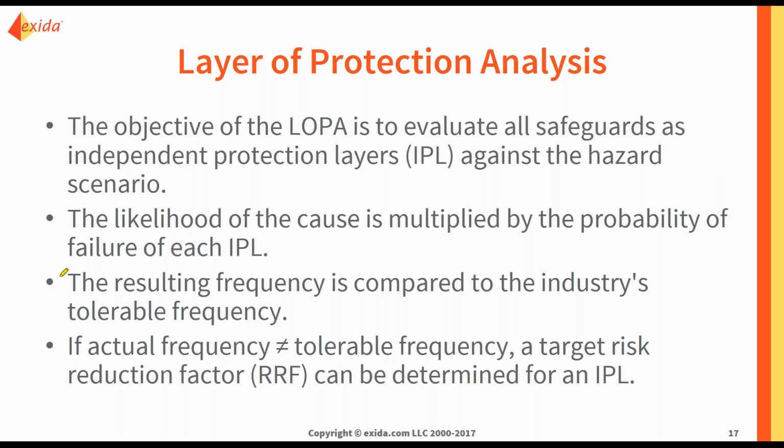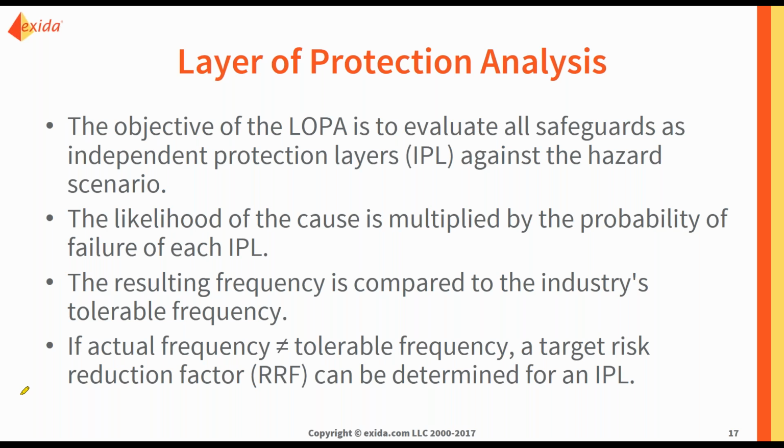The likelihood of the cause is multiplied by the probability of failure in each IPL. The resulting frequency is compared to the industry's tolerable frequency. If your actual frequency does not equal the tolerable frequency, a target risk reduction factor can be determined for each IPL.